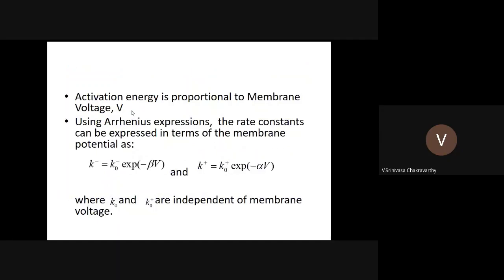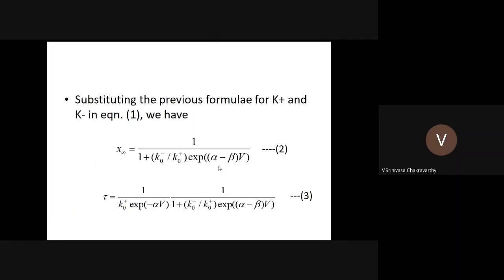That is how membrane voltage influences the rate constants, and how it influences the channel dynamics. Look at these two expressions: K minus is K naught minus, which is like a constant, times exponential of minus some factor beta times V, where V is the membrane voltage. Similarly, K plus is equal to K naught plus times exponential of minus alpha V. K naught minus and K naught plus are independent of membrane voltage, but because of this exponential term, which depends on voltage, K minus and K plus depend on membrane voltage.